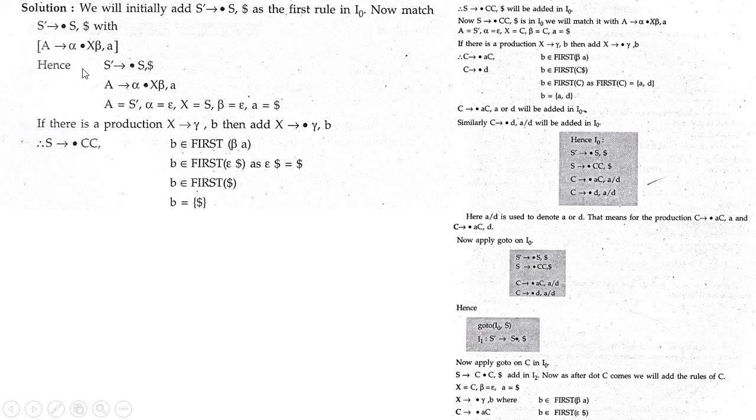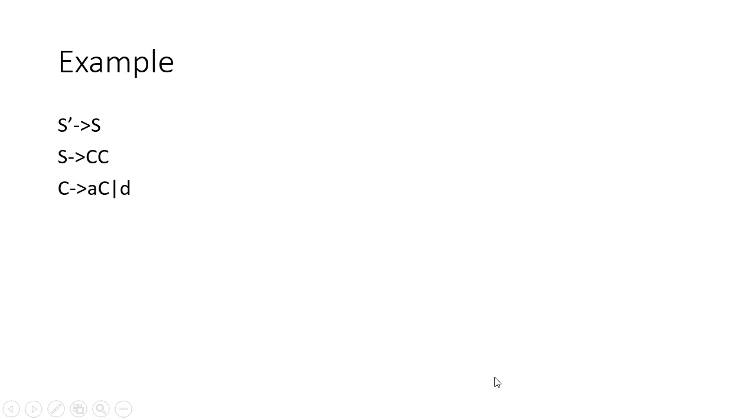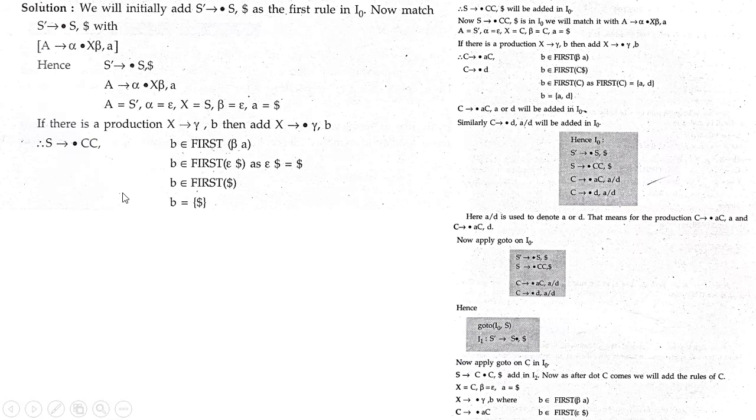Again remember, this is the rule, A derives alpha dot X beta comma A. So we can say that X derives dot gamma comma B, where B belongs to first of beta A. If you notice that again dot C is there, there's an extension for dot C. That means the extension C derives AC and D. So we have C derives AC first of all.